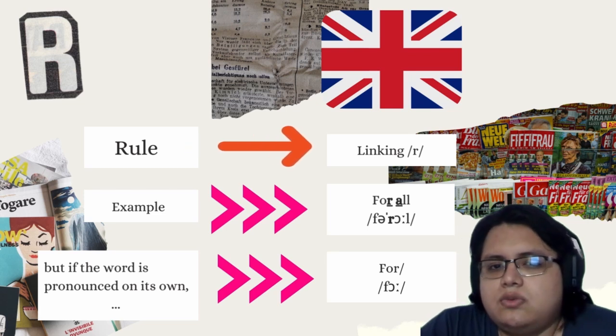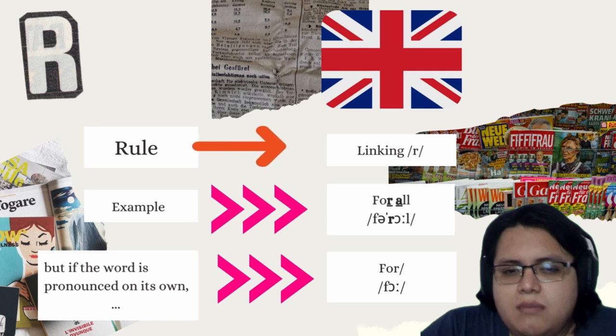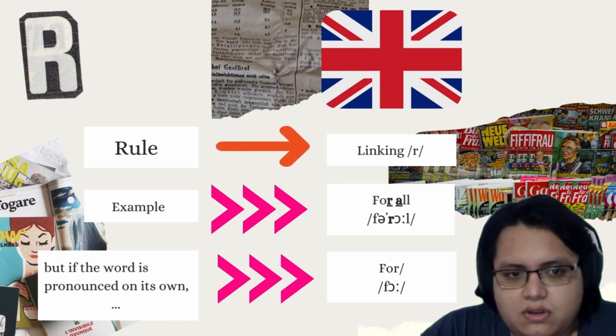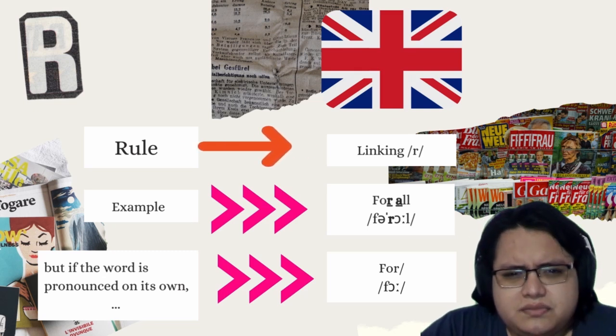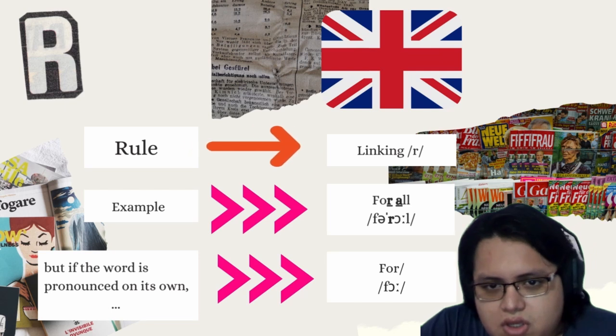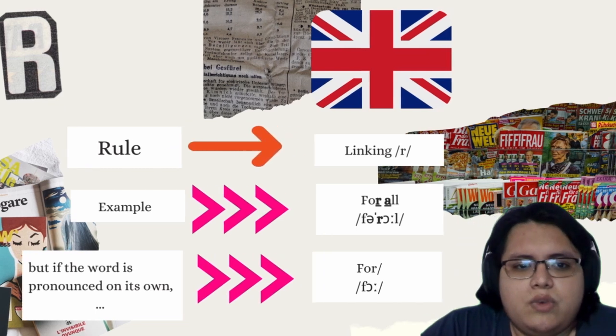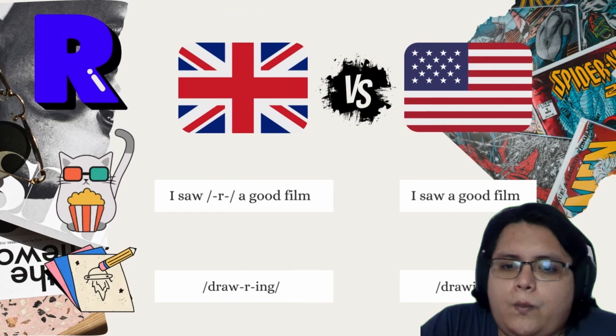It happens in order to have fluid pronunciation, but if the word "for" is pronounced on its own, the R is not pronounced. So that word will be pronounced like "faw".